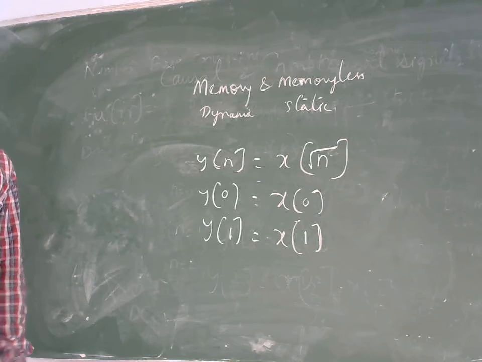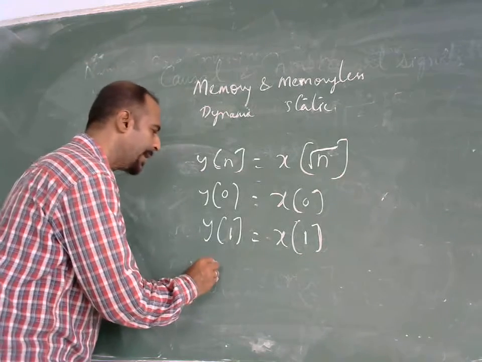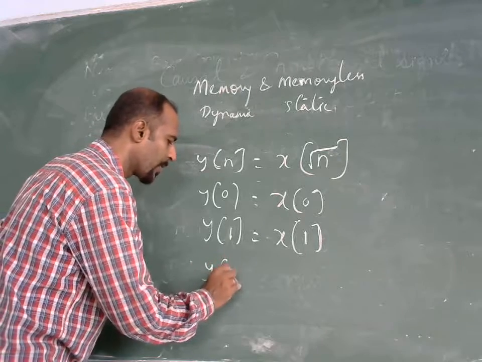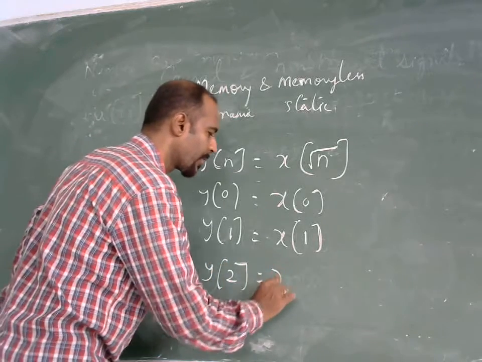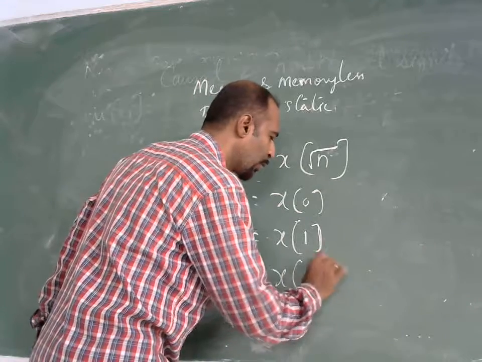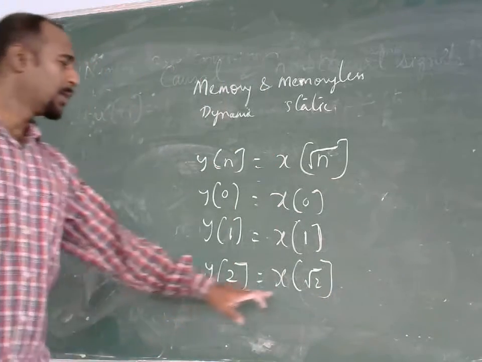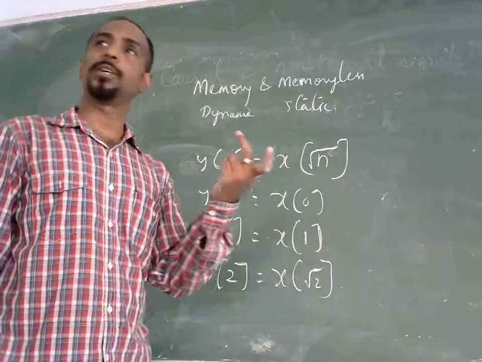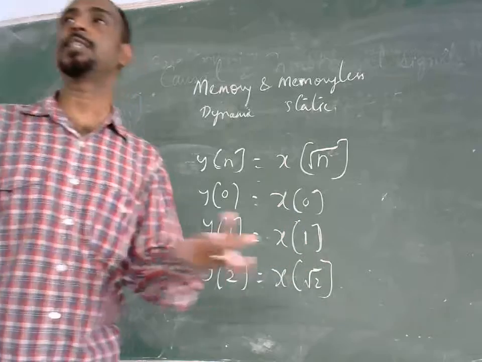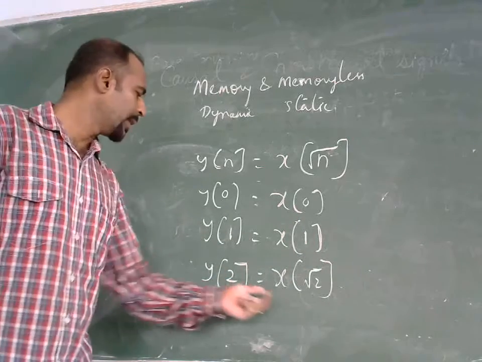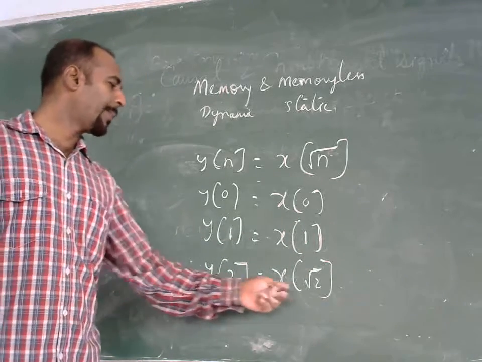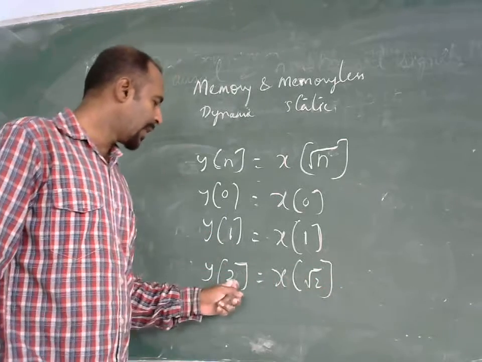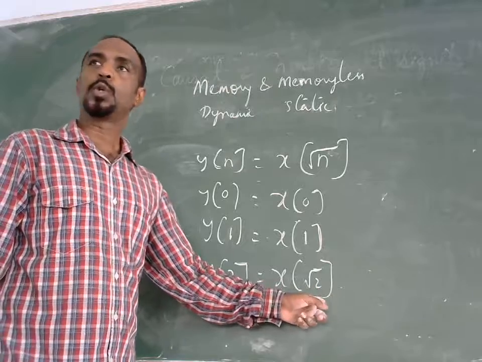So therefore, for this also, at n equals 2, y of 2 is x of root 2. Now you see that root 2 is not an integer value. It is a fraction value. Does a discrete time signal exist for a fraction value? No. So therefore, it does not depend on the current value, but on the root 2 value.